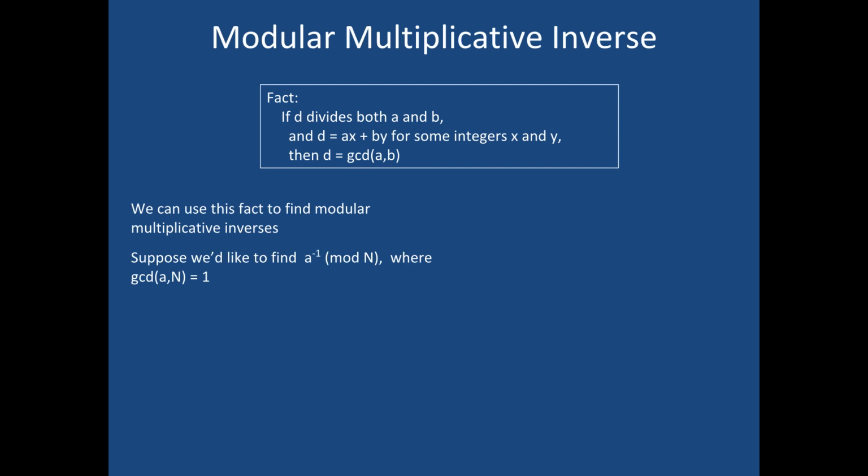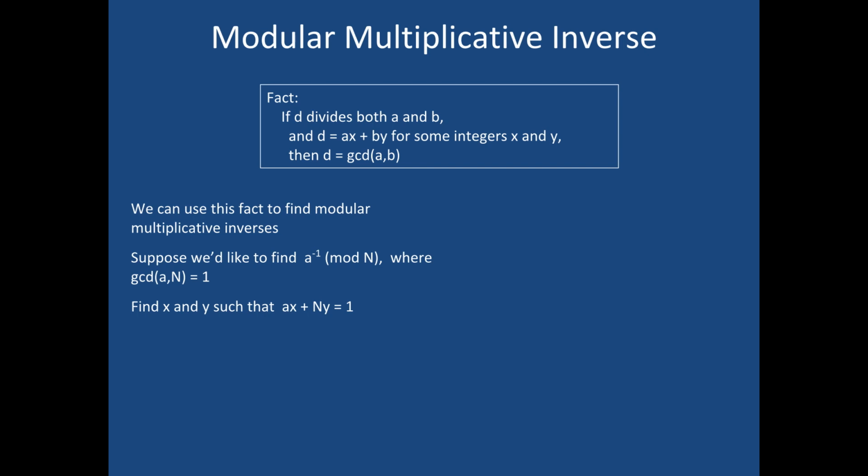So let's suppose we'd like to find the modular multiplicative inverse of a mod n. And of course, we have to assume that the GCD of a and n is equal to 1, or there wouldn't be an inverse. So we're trying to find the inverse where one exists. Well, one way to do that is to find x and y such that ax plus ny is equal to 1.